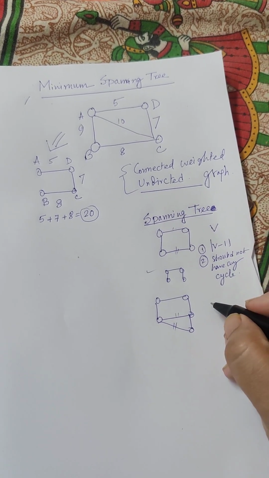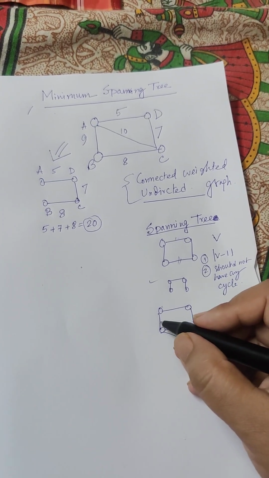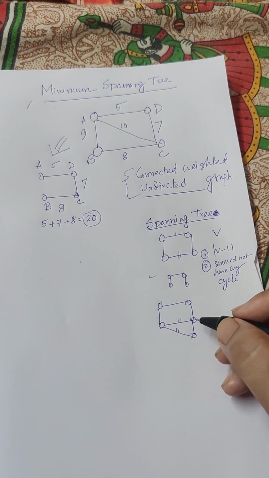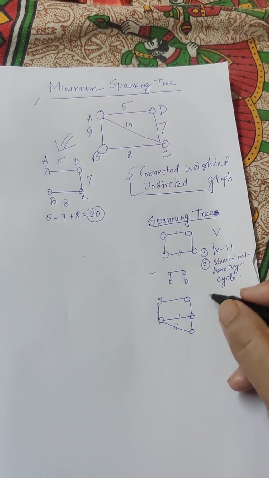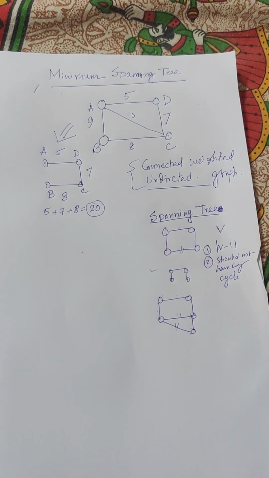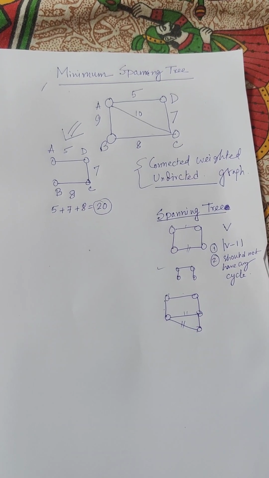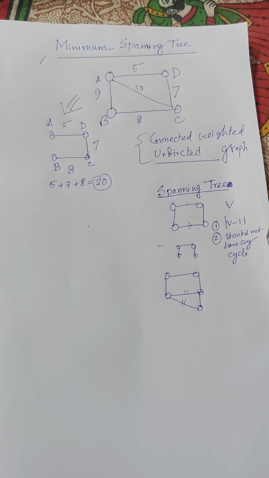So this is going to be a spanning tree. So in that case, 5 vertices and 4 edges, right? It does not form a cycle, and it has V minus 1 edges, so it satisfies both conditions, and that is basically a spanning tree.